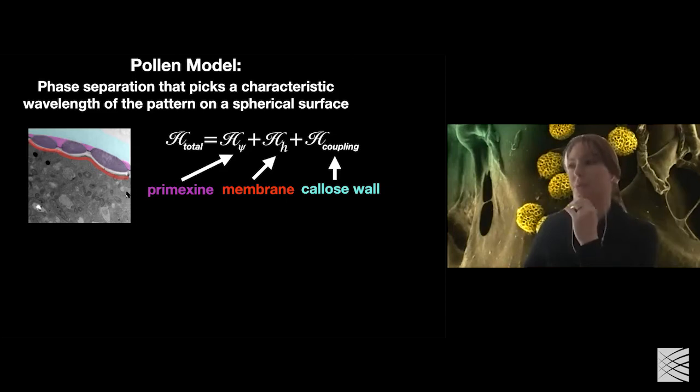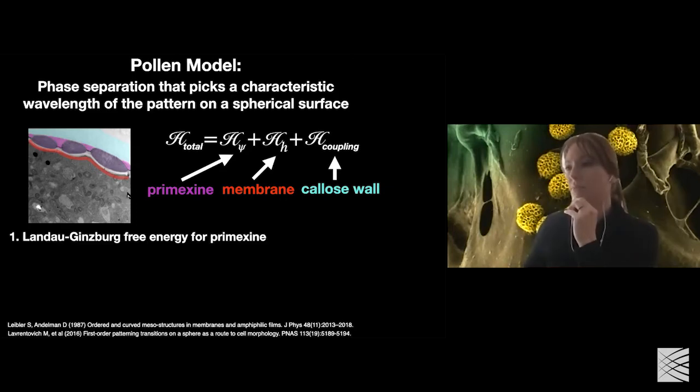All right, so the way that we do this mathematically to break it down is we write down first a Landau-Ginzburg free energy for the Primexine. Again, for those of you that don't know, Landau-Ginzburg free energy is a well-established free energy that was originally written to understand superconductors. But again, it's just a phenomenological model. It takes your field that you are representing, which I'll go into details in the next slide.